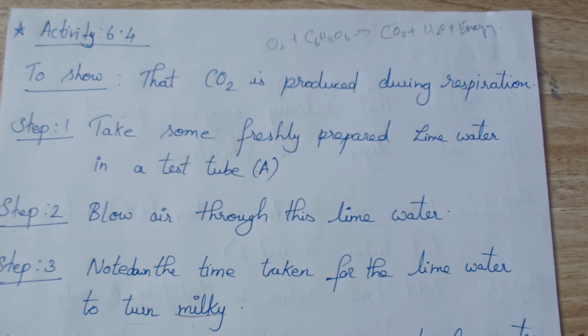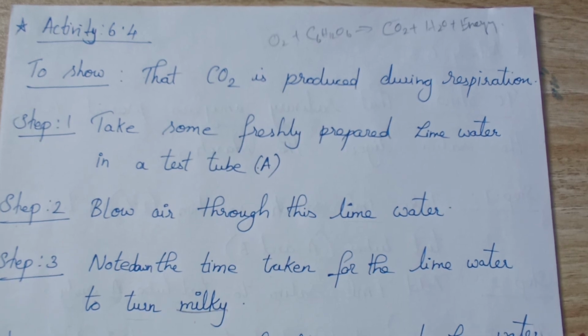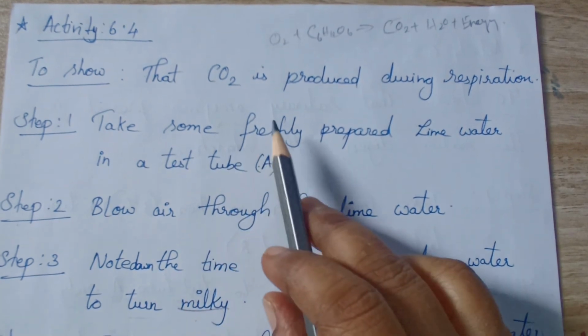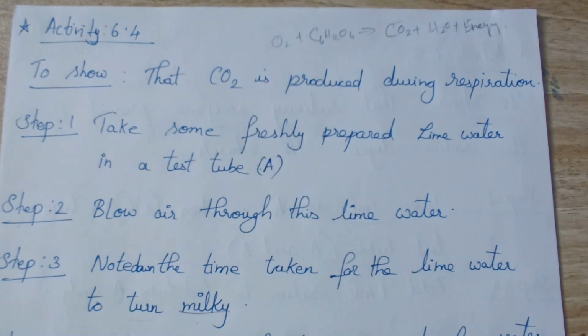But when you pass atmospheric air into the lime water, it takes a lot of time and effort to turn it milky, because the atmosphere contains only 0.04% carbon dioxide. So in this activity we have done this experiment to show that the respiration end product is carbon dioxide.